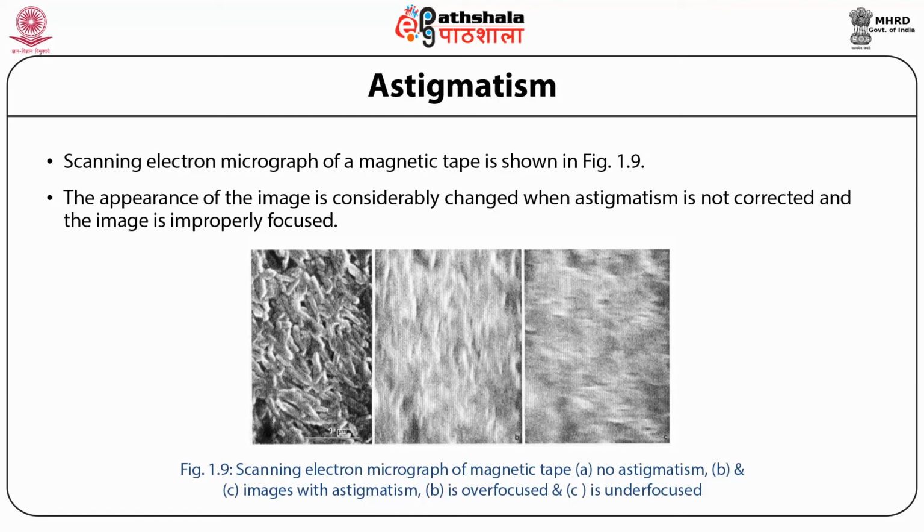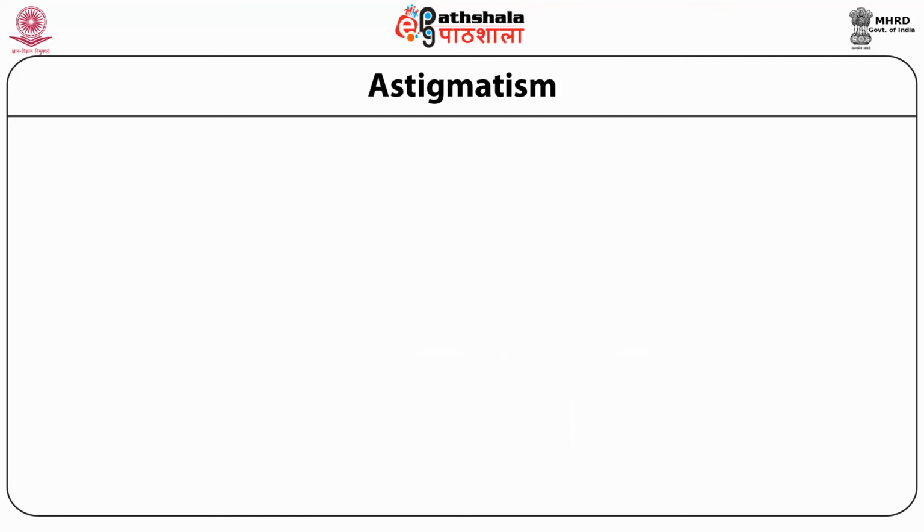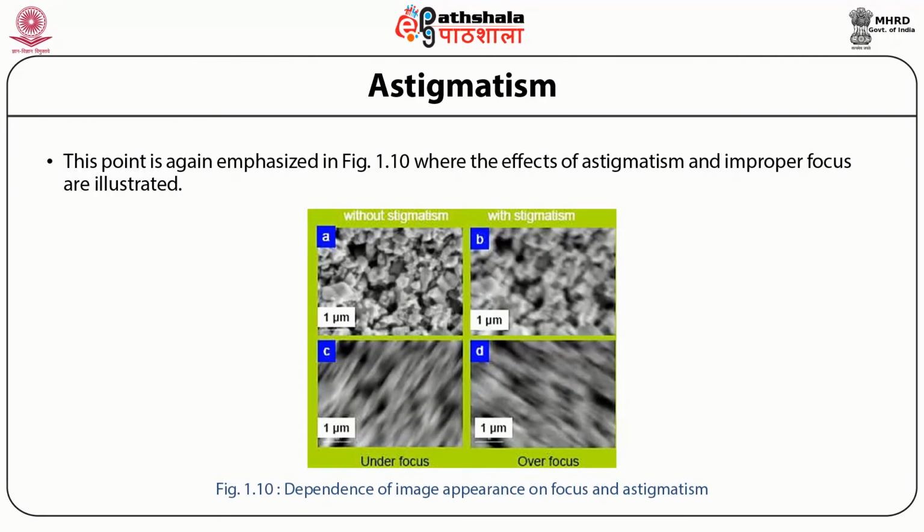A has no astigmatism. B and C are the images with astigmatism, where B is overfocused and C is underfocused. This point is again emphasized in figure 1.10, where the effects of astigmatism and improper focus are illustrated.